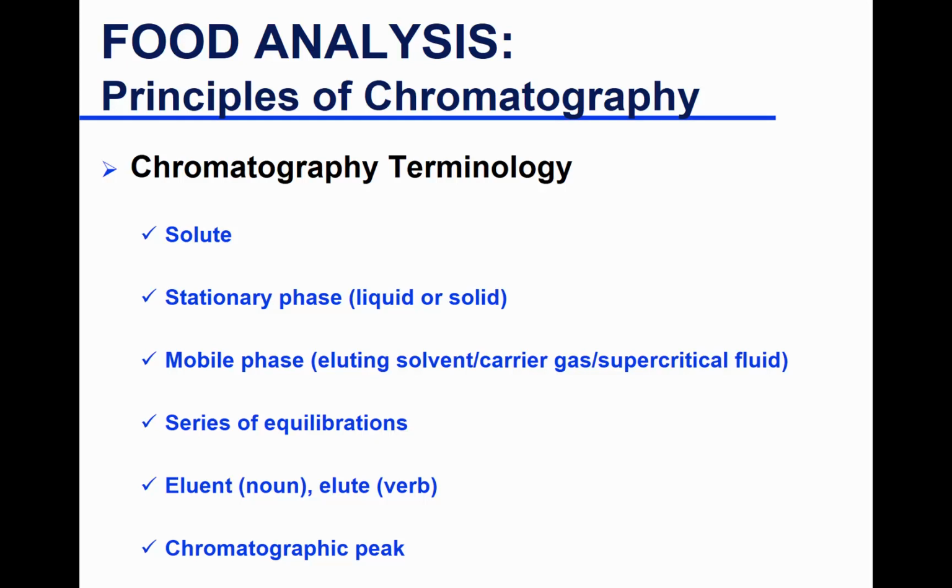So we will start getting absorbance readings, and you reach a peak, maximum absorbance, and then as it leaves the column, the absorbance values decrease, until nothing else comes out. So that is your chromatographic peak. It's based on your absorbance or conductivity or whatever you are measuring versus time.